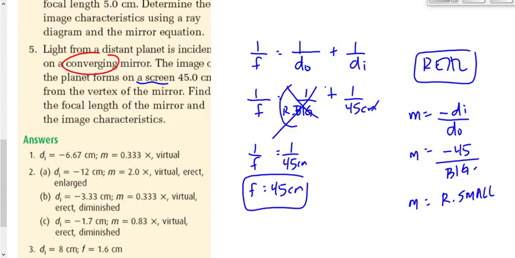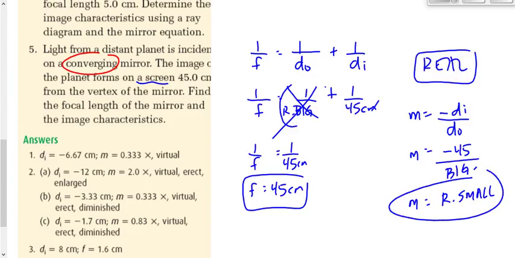Now, if you look at the planet just with your eyes up in the sky, it looks smaller, right? The image that you see through the telescope is bigger than the image that you see just looking up in the sky, but it's not bigger than the actual object. The image through the telescope is smaller than the actual object.